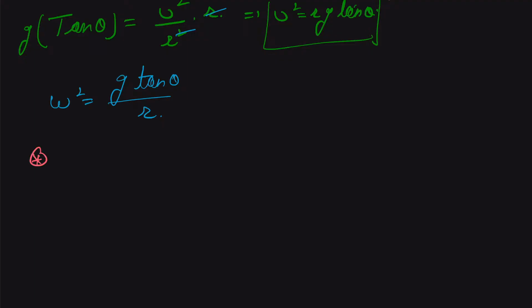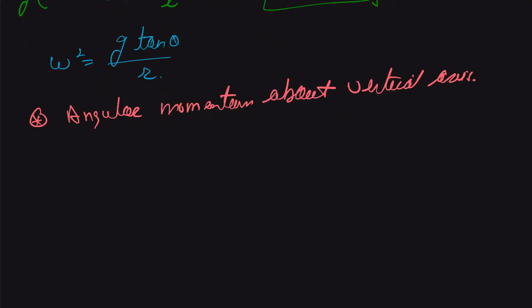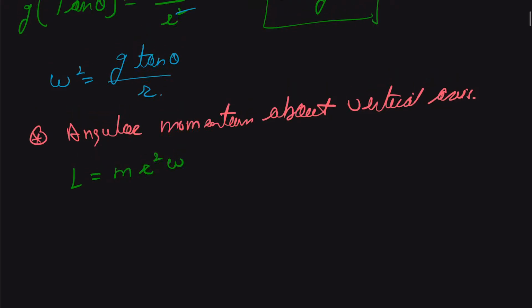So we can say that our angular momentum about the vertical axis, and let us say this angular momentum is L. So L will be equal to m r square multiplied by omega, and we can substitute the value of our omega.